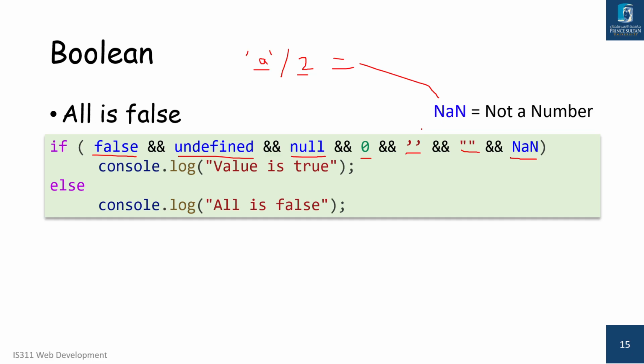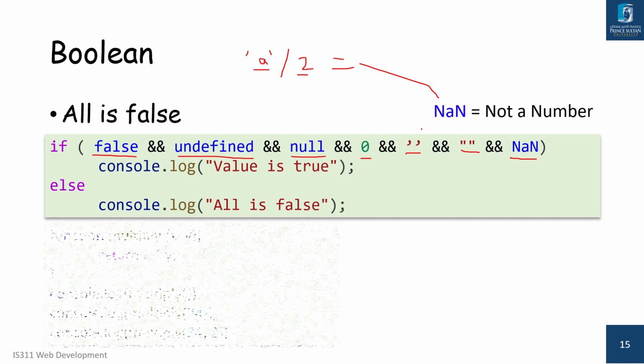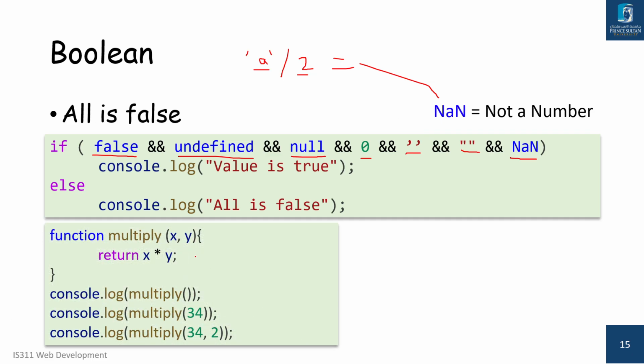So false, undefined, null, zero, empty string, and NaN are all considered false.